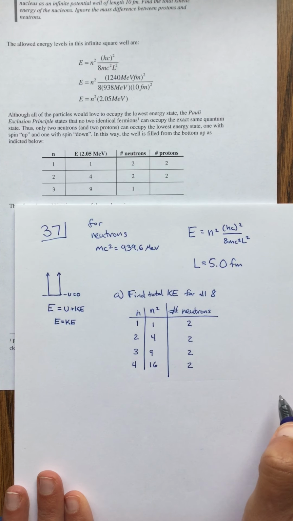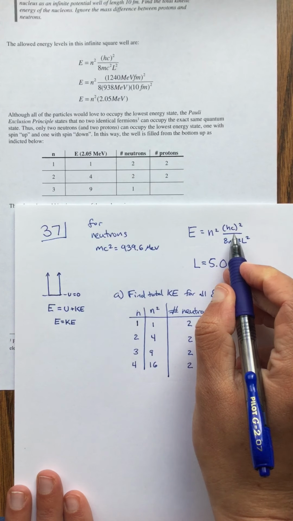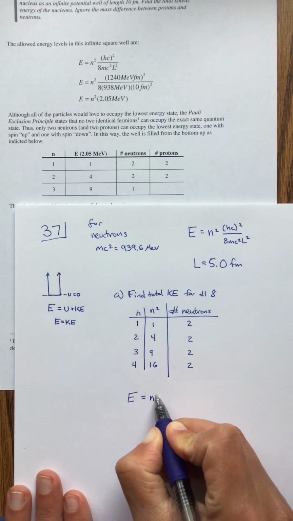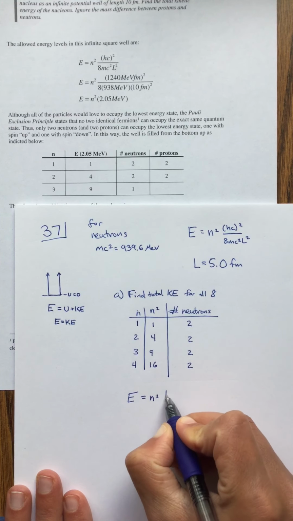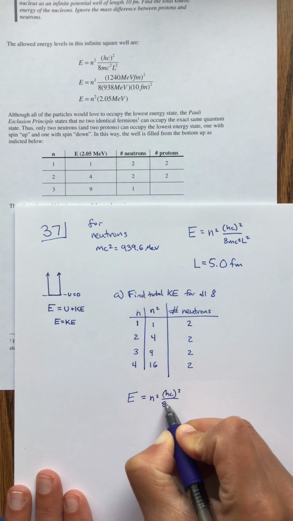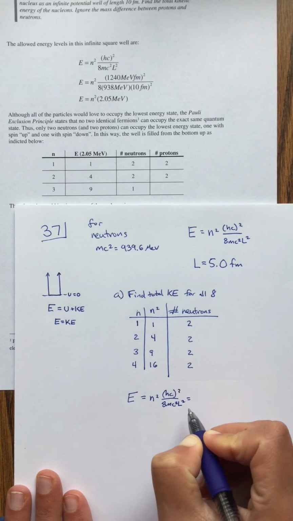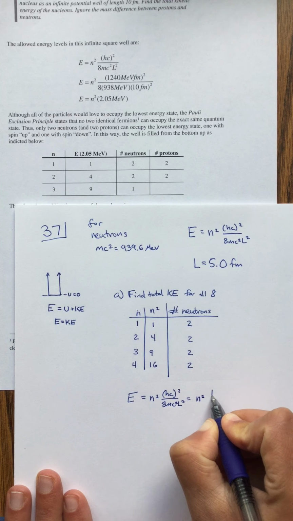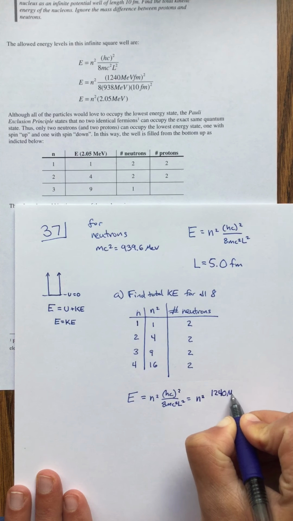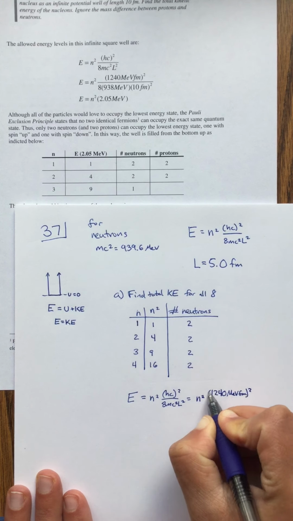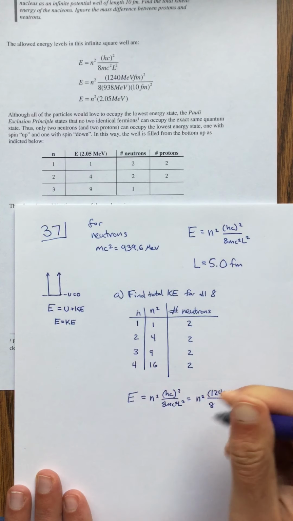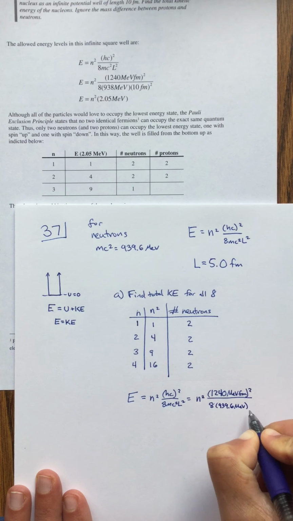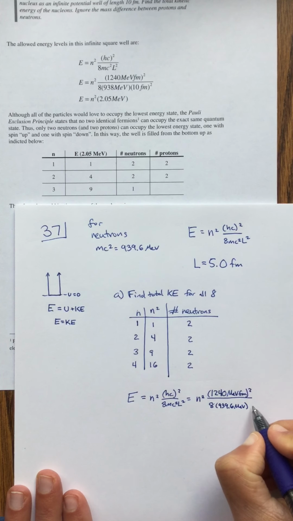So first, let me calculate what I get for hc squared over 8mc squared L squared. So for 1 neutron, with n squared equal to 1, I have hc squared over 8mc squared L squared. Because I have L in femtometers, for hc I'm going to use 1240 mega electron volt femtometers, squared, divided by 8 times mc squared, which is 939.6 mega electron volts, and L is equal to 5 femtometers.